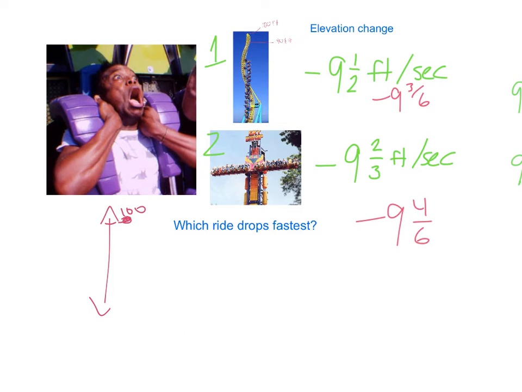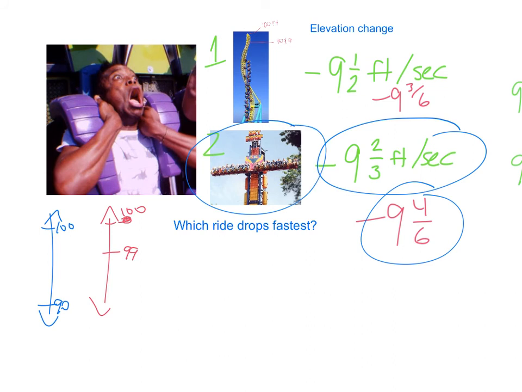If you want a ride to drop really fast, well, if there was a ride that went from 100 to 99 feet in 1 second, that wouldn't be dropping as fast as a ride that went from 100 to 90 feet in a second, right? If it took a second to get from there to there, that one would drop faster. If it took a second from there to there, that wouldn't be dropping as fast, correct? So we want something that covers more ground per second, and so our answer would be this one, number 2 there.